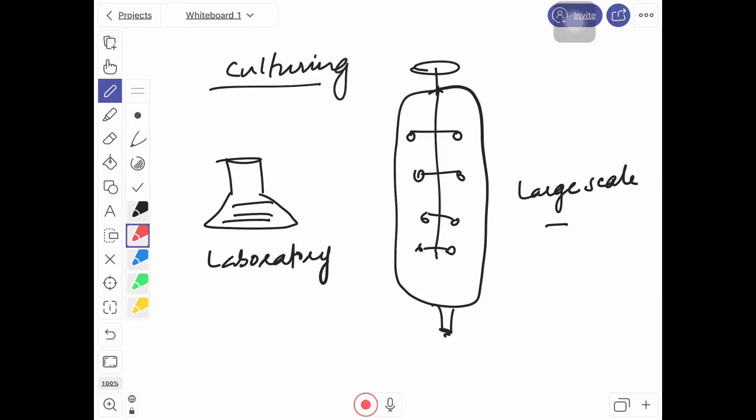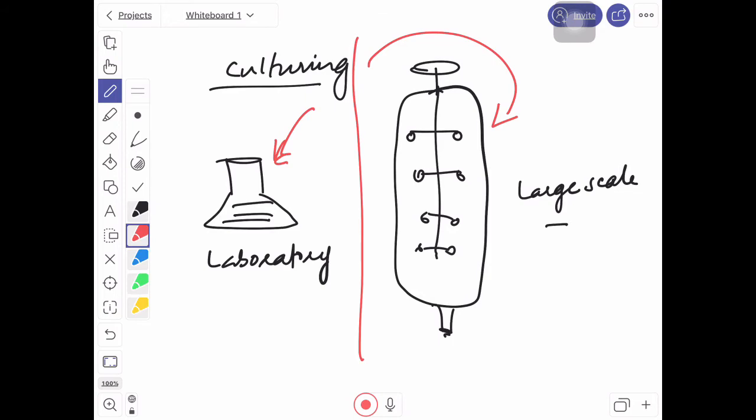When we take laboratory level, the steps of purification are different, whereas when you go for large scale, then the steps are a little bit different because of the bulk quantity of materials we have.